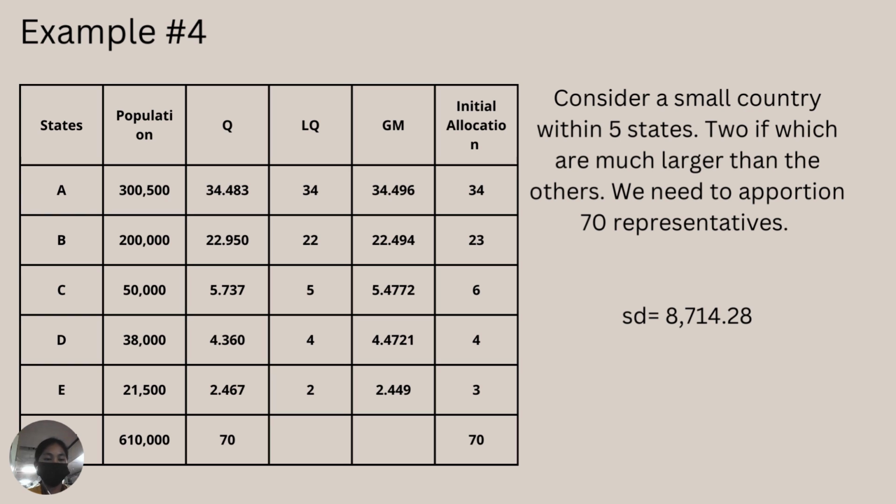If we divide each population by it, the quota would result in state A 34.483, then 23.950, 5.737, 4.360, 2.467. In the initial allocation, we have 34, 23, 6, 4, 3, and a total of 70. They are balanced, so we don't need to apply the modified divisor.